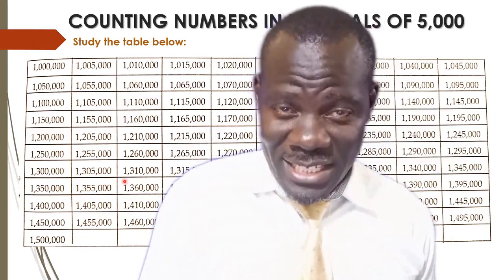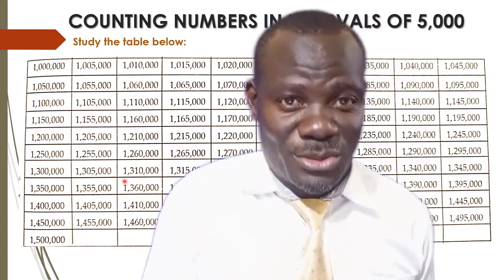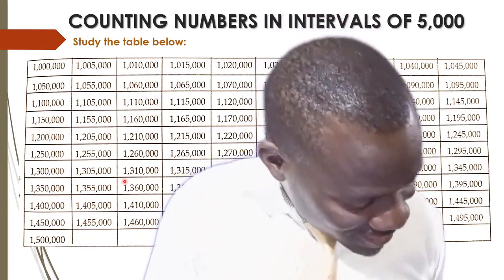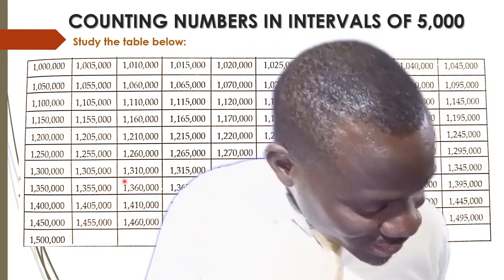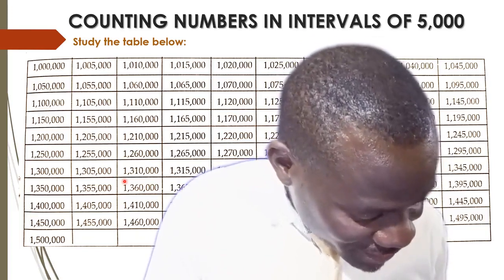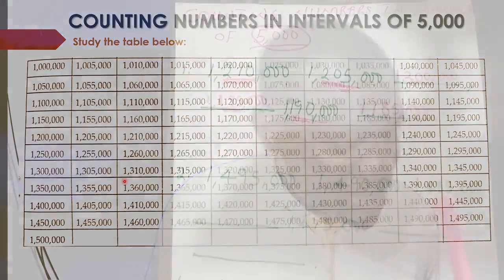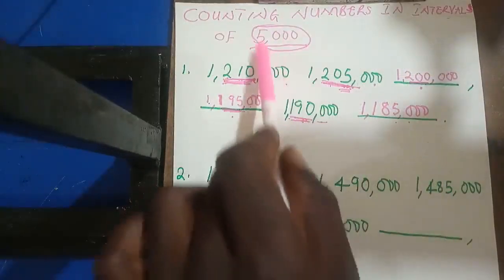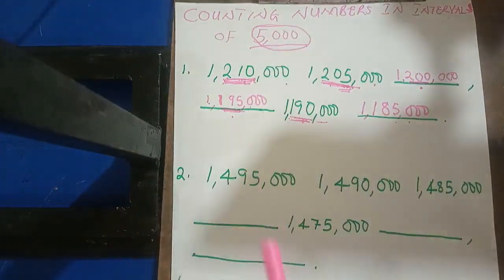I guess you are right to say that they are reducing. See here, there is 95, then here there is 90. Then the next is 85. They are reducing by what? The same 5,000.